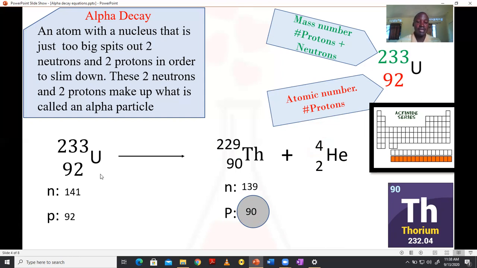And this will be our alpha decay equation: uranium undergoing alpha decay by emitting a positively charged helium atom, or we can say a helium nucleus, together with the new element being formed.